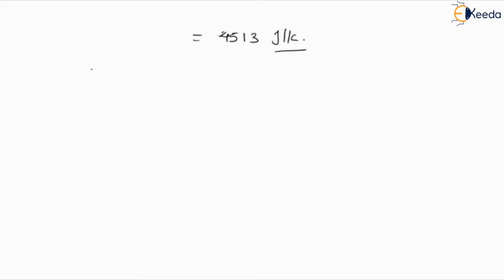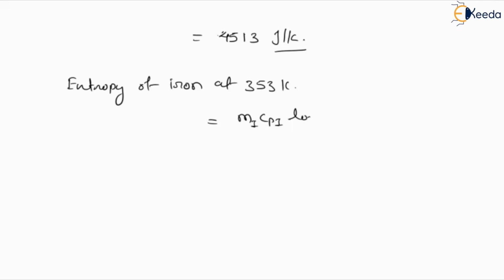Now let's define the entropy of iron at 353 Kelvin. The same formula we will apply: MI CPI log 353 divided by 273.